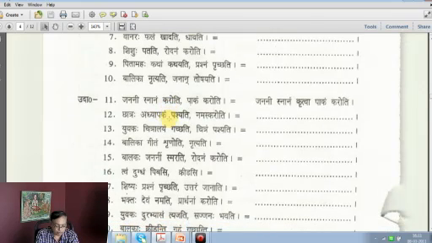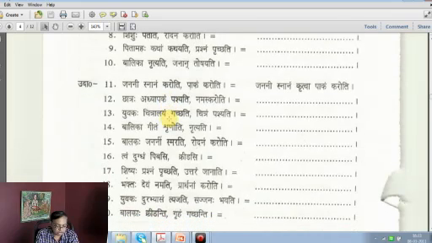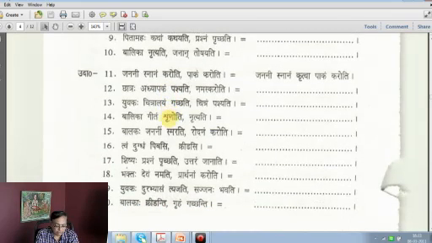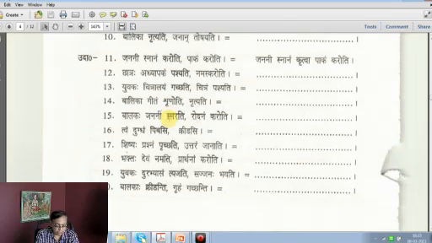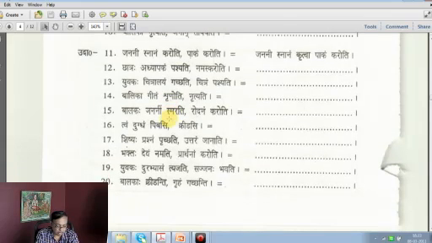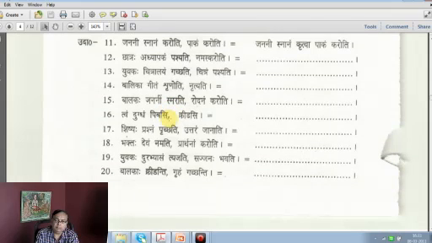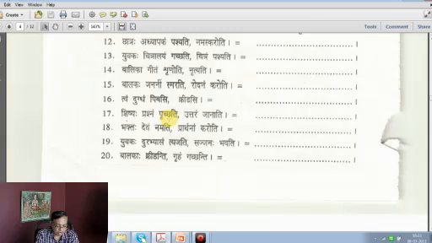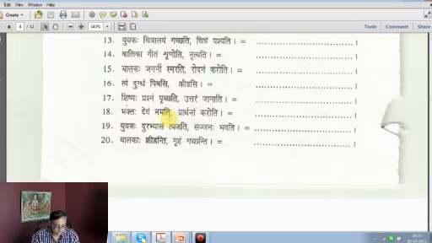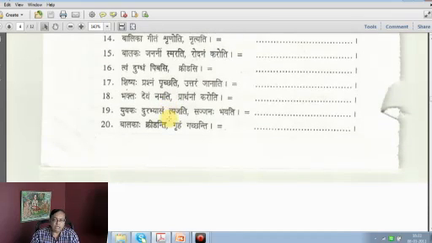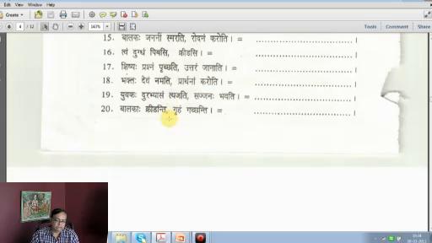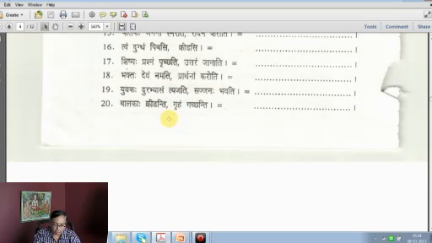Chhatrah adhyapakam drushtva namaskaroti. Yuvakah chitralayam gatva chitram pashyati. Balika geetam shrutva nrutyati. Balakah jananim smrutva rodanam karoti. Tvam dugdham pitva kridasi. Shishyah prashnam prushtva uttaram janati. Bhaktah devam natva prarthanam karoti. Yuvakah durabhyasam tyaktva sajjanah bhavati. Balakaha kriditva gruham gacchanti.